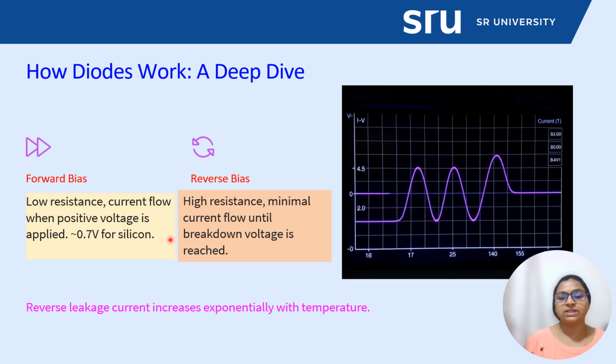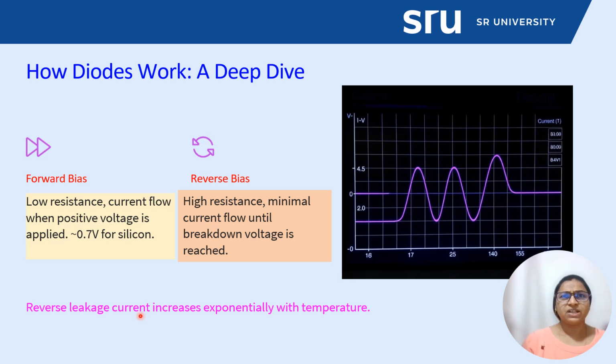In reverse bias, the current flows due to minority carriers, so the resistance is very high, with very minor current flow until the breakdown voltage is reached, and the reverse leakage current increases exponentially with temperature. So temperature has a very crucial effect on the properties of semiconductor materials.